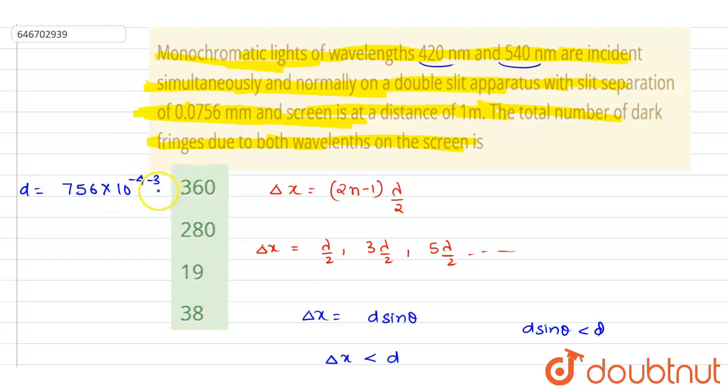And since in 1 meter there is 10 to the power 9 nanometers, I multiply by 10 to the power 9. So this is d in nanometers.